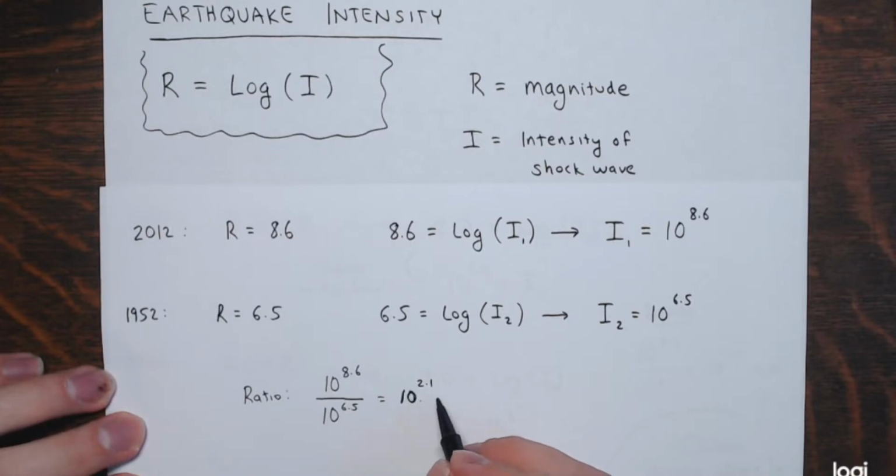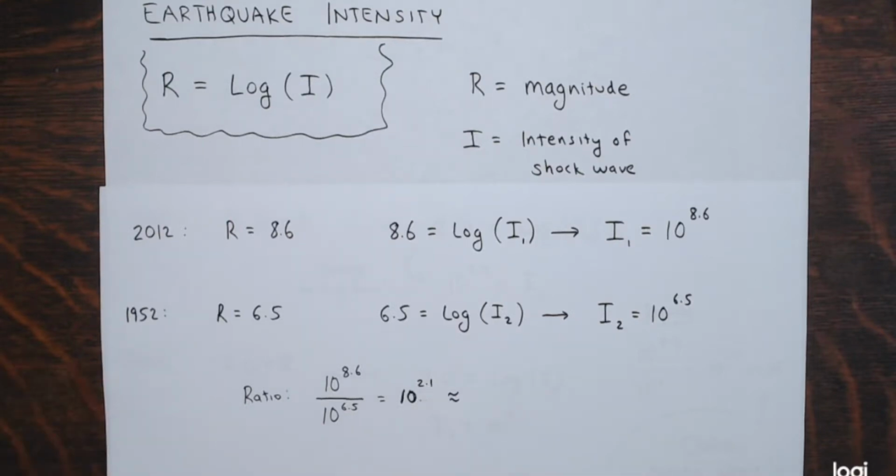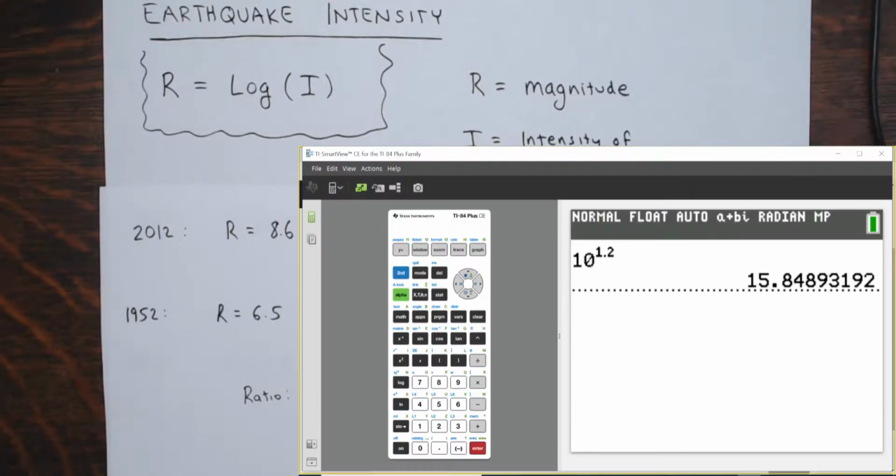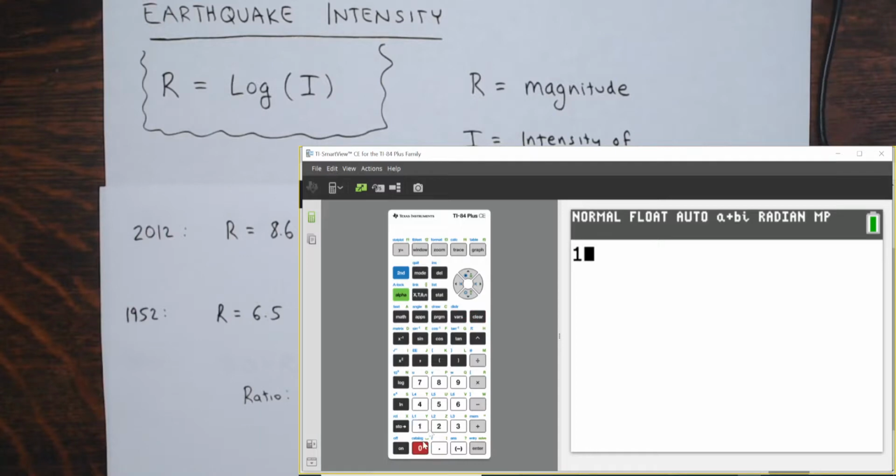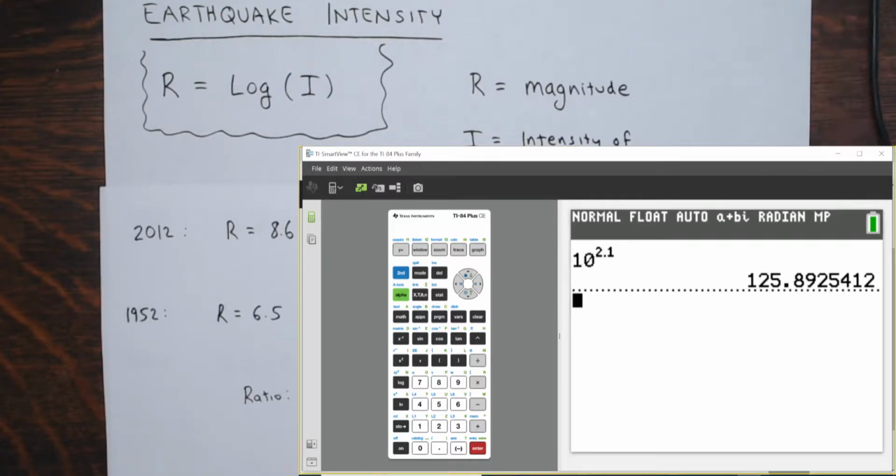Which is going to be a little bit more than 100. All right, now I'll pull up a calculator again. 10 raised to the 2.1 power is almost 126, if you were to round to the nearest whole number.